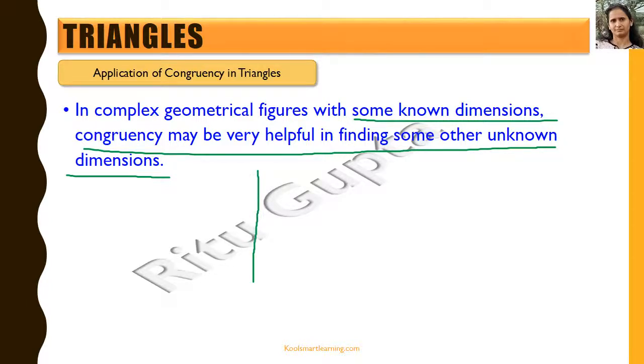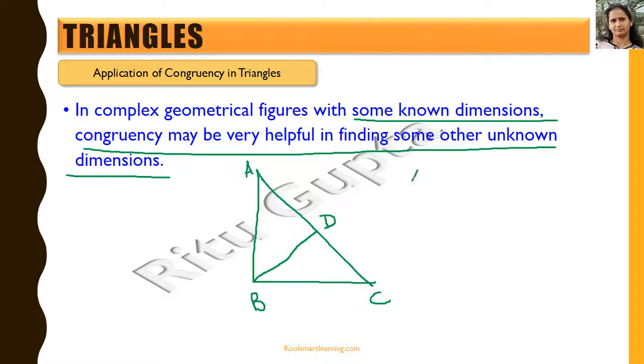Now supposing we take a right angled triangle and we call it ABC. Now if this BD is drawn in such a way that it divides the figure into two congruent triangles.